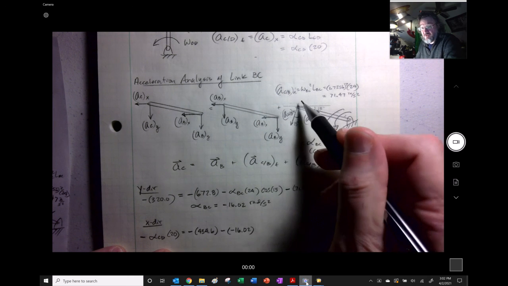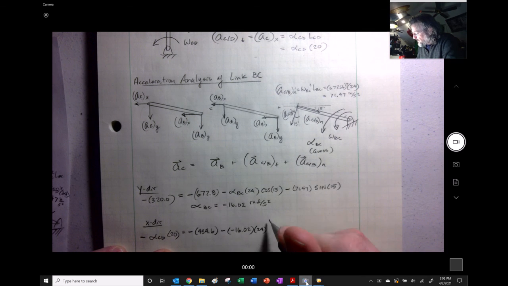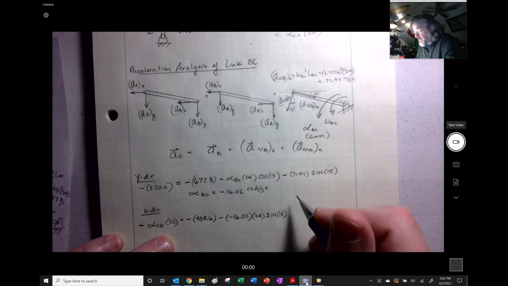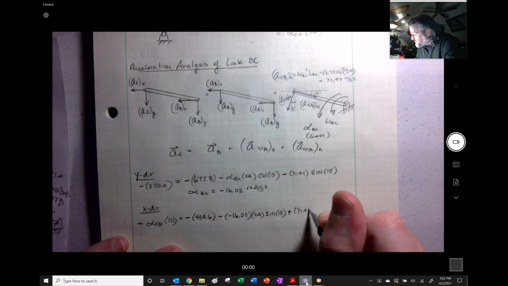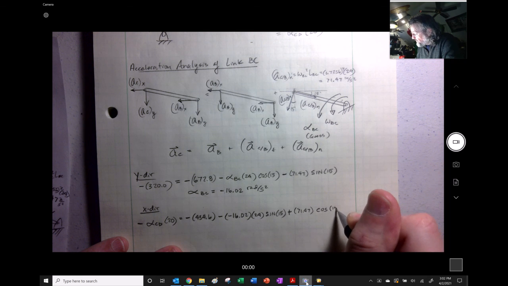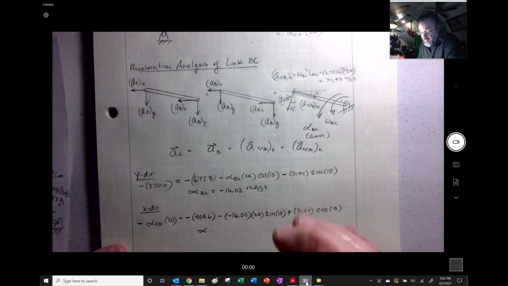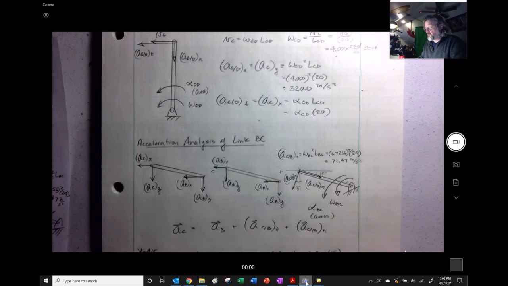Because it's actually going the other direction, so that's why that will work out there. Times 24, and then times the sine of 15. And then lastly, we'll see this as a positive x component. So plus 71.47 cosine of 15. And if we do all that, we get an alpha CD of 13.30, and it is positive. So that one we guessed correctly.